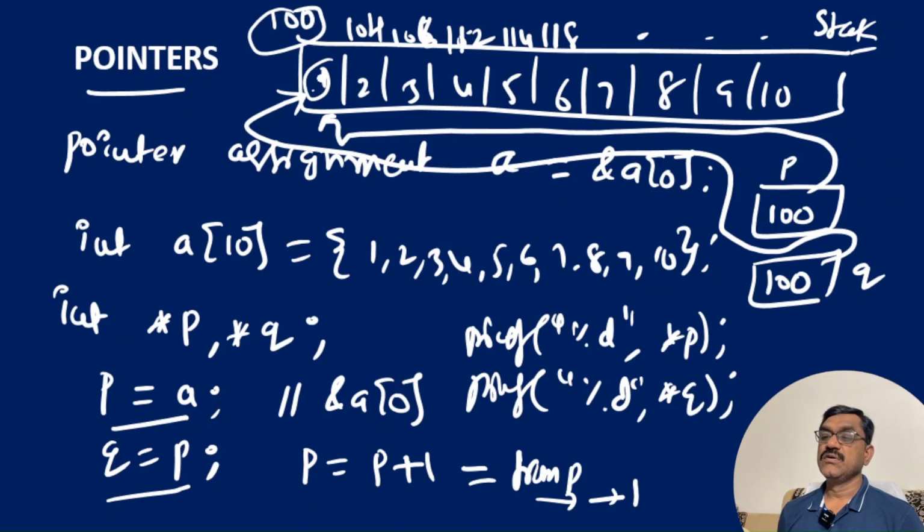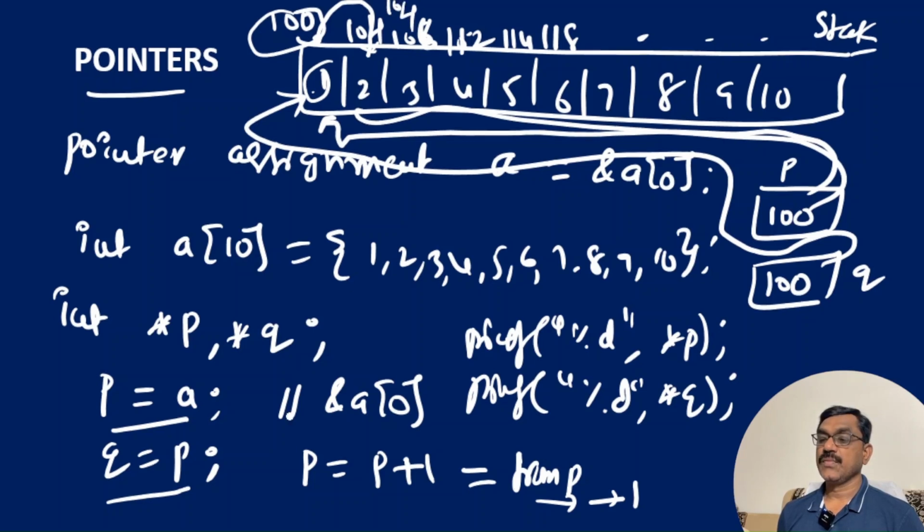That means from the 100 base address, we are moving to the next location. p = p + 1 means p is going to point to the address 104. When we write *p, then we are going to get the value 2. And the address it is going to contain is 104. That is very, very important.